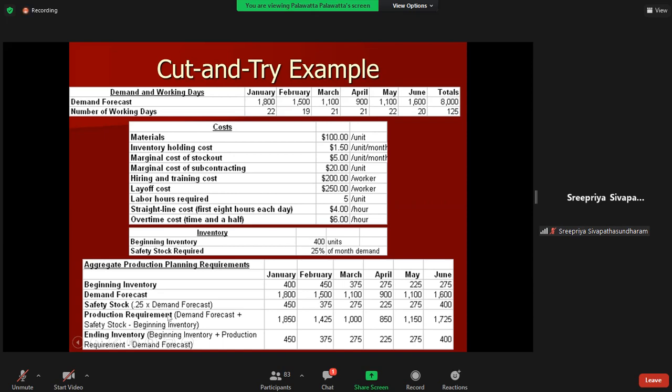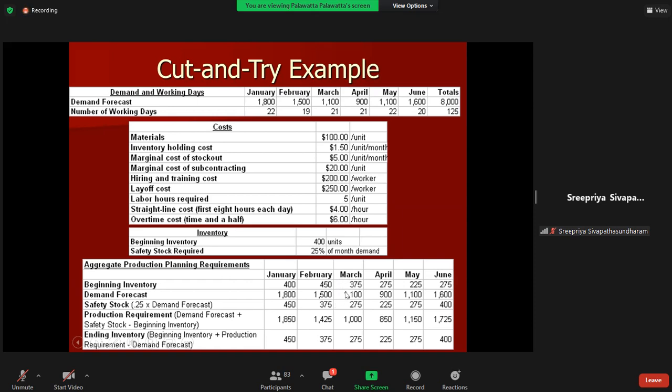For January, demand is 1,800, safety stock is 450, minus 400, you get January production requirement is 1,850. February production requirement is 1,500 plus 375 minus 450, you get 1,425.